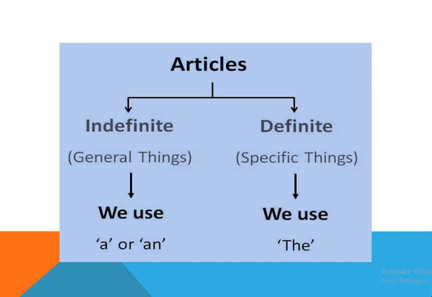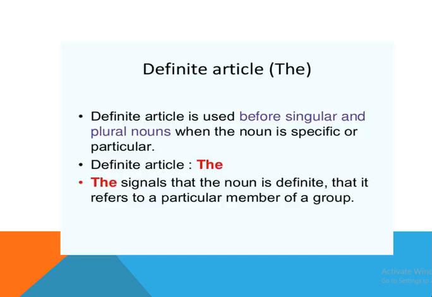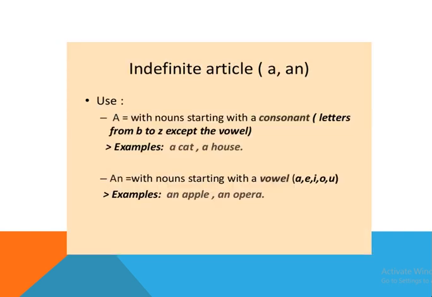And the is the definite article because we use the for specific or particular things. Fine? Means definite article is used before singular and plural nouns when the noun is specific or particular. The article signals that the noun is definite, that it refers to a particular member of a group, means specific member of a group.